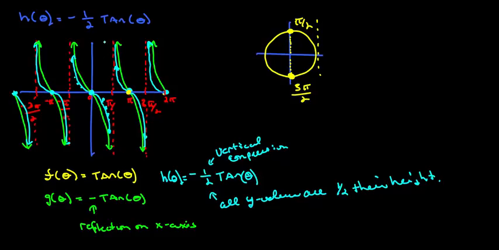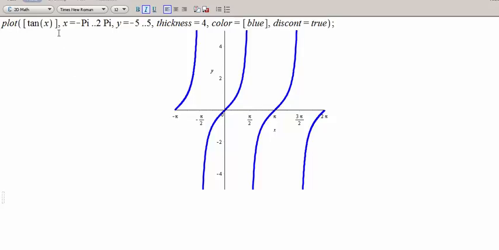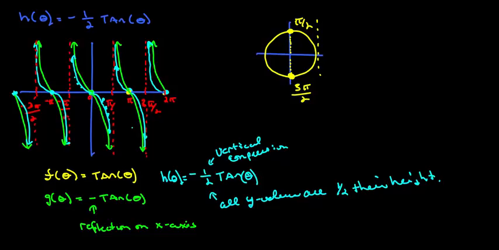And if you notice, oops, I erased it, but that was the original graph that I had done here in yellow. So if you want to rewind, you can go back and look at that one in yellow. Now what I'm going to do is I'm going to graph that negative tangent of theta. Okay, and I'm going to make that one, oh, what color was I using before? I used a light blue.